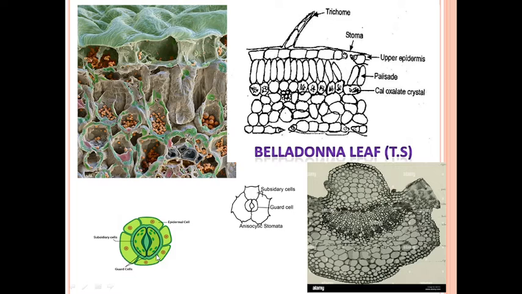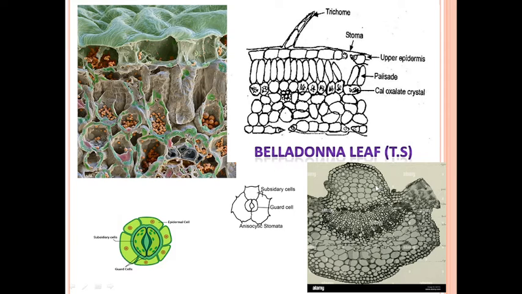Such a structure is known as anomocytic stomata. These two types of stomata are present on the upper surface of the leaf as well as on the lower side of the leaf.